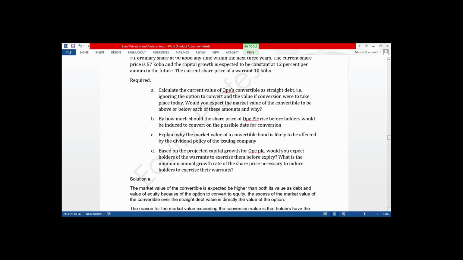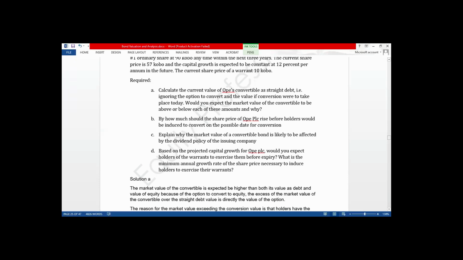I will now ask myself, what is the value of the debt in 1 year's time? That is, in 1 year's time, I want to know the value of the convertible bond as a straight debt. Because it's an option. I have an option to convert to equity or to maintain it as a debt.